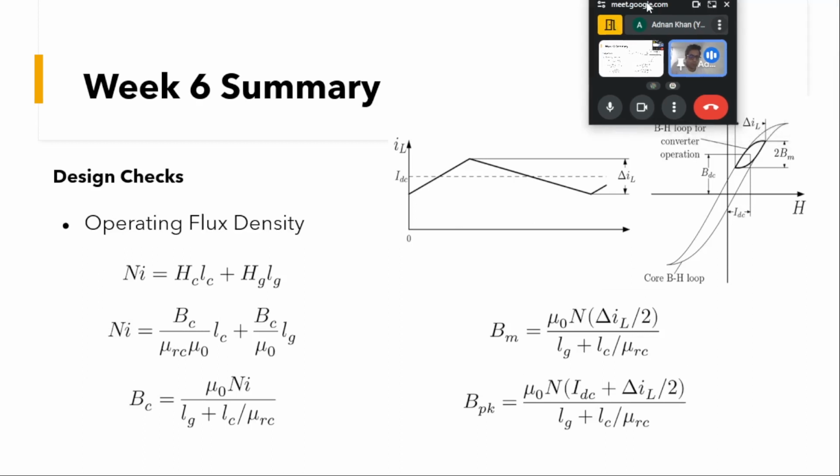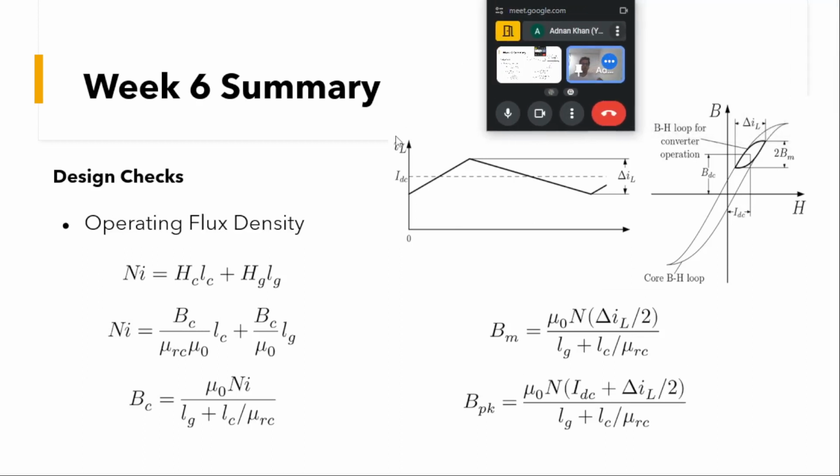So once we have calculated everything, we need to now do the design check. This design check is to ensure that whatever design and whatever core we have chosen, is it fulfilling all our specifications or not. So how to do that?